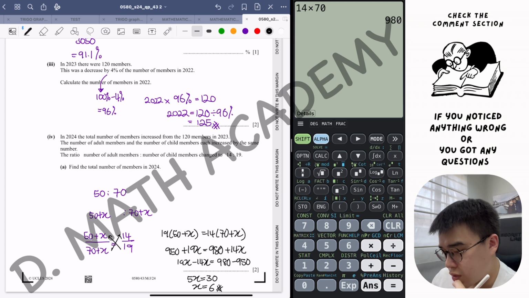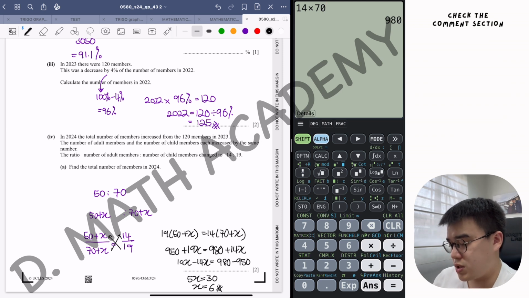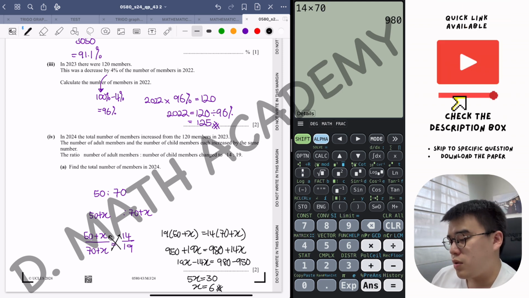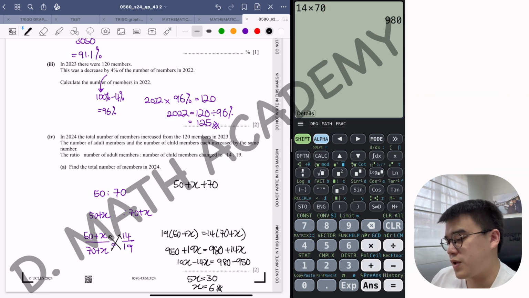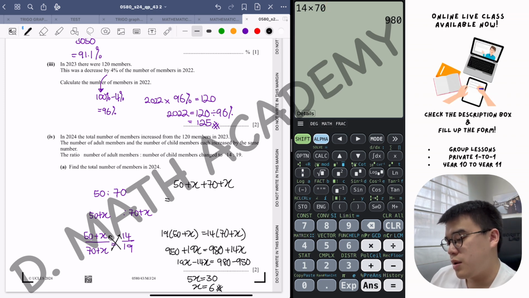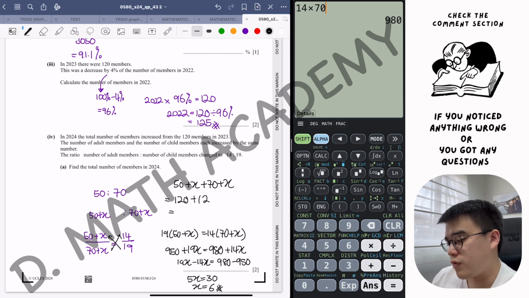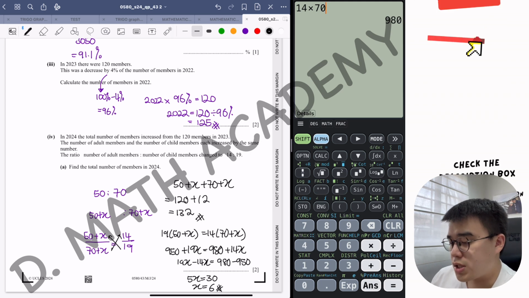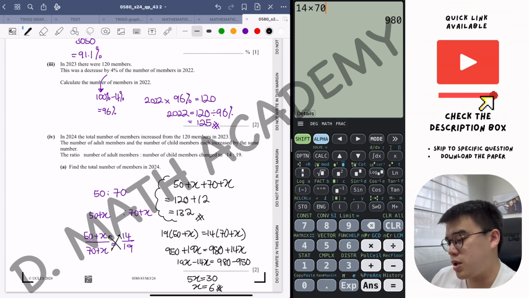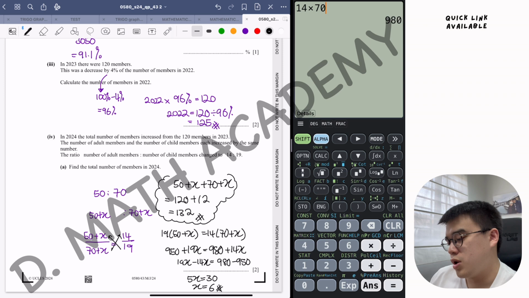Now that you know it was 6, the total members will be 50 plus x plus 70 plus x, making the total 120 plus 12, which is 132. So this is the answer that I get for this question.